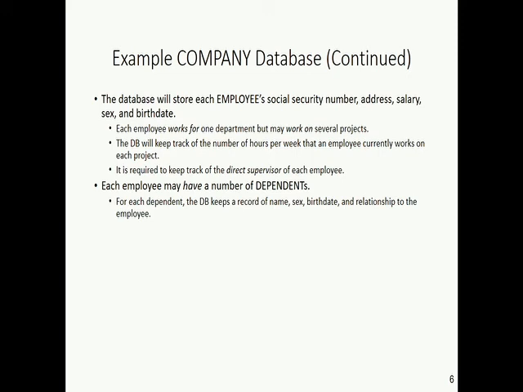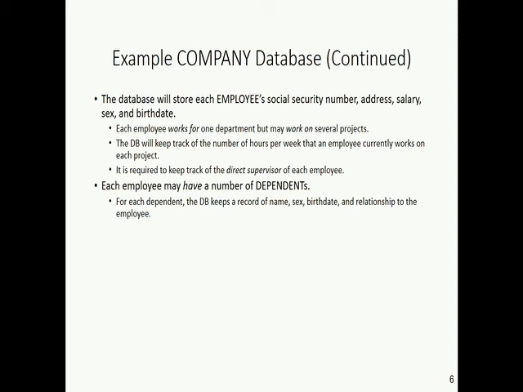Okay. So, our database is going to store for each employee their social security number, address, salary, sex, and birth date. Each employee works for one department, but may work on several projects. The database will keep track of the number of hours per week that an employee currently works on each project.